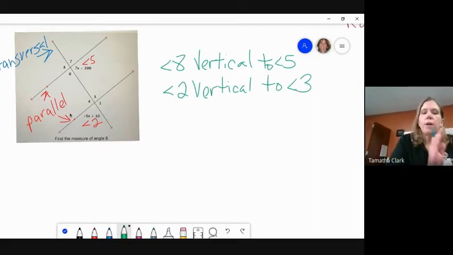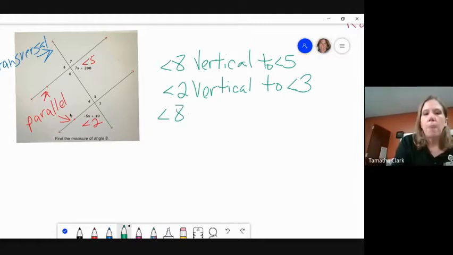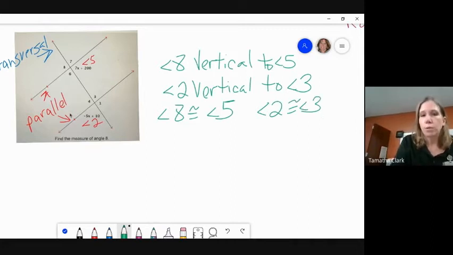So how this is going to help us is that if angle 8 is vertical to angle 5 and angle 2 is vertical to angle 3, then angle 8 is congruent to angle 5, meaning they have the exact same measure, and the same thing for angle 2 and angle 3.